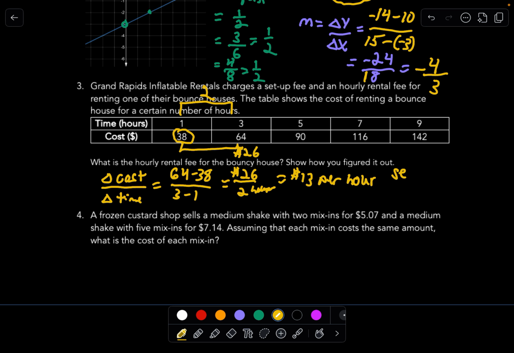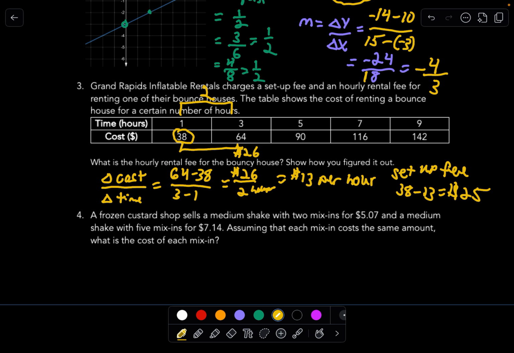So the setup fee, I don't know if they asked you this here, is going to be $38 minus $13. And that difference looks like it's $25. So there's a $25 setup fee.